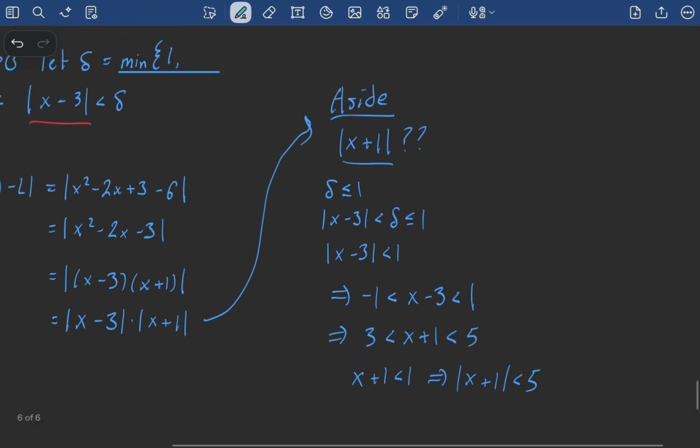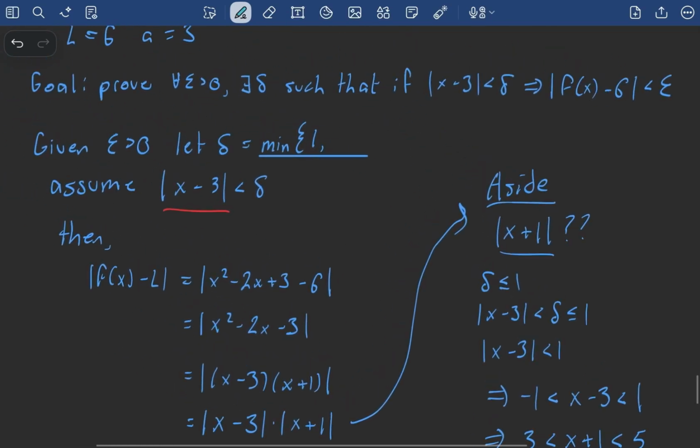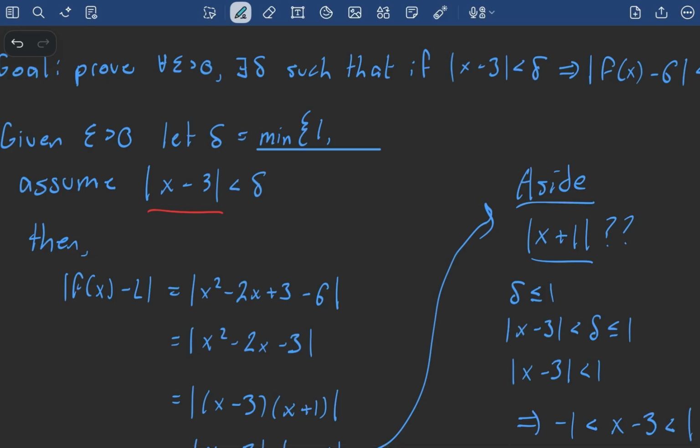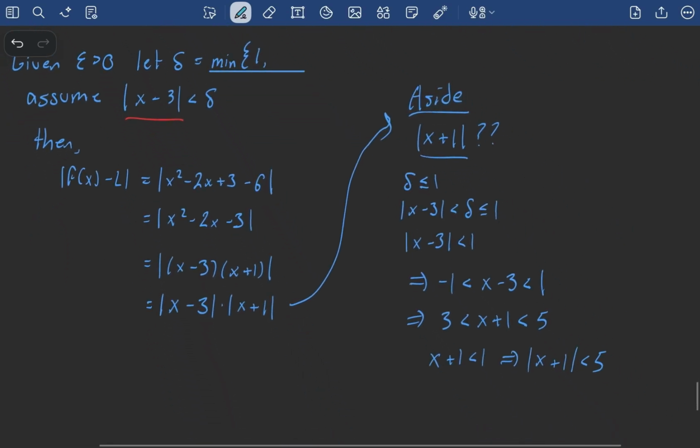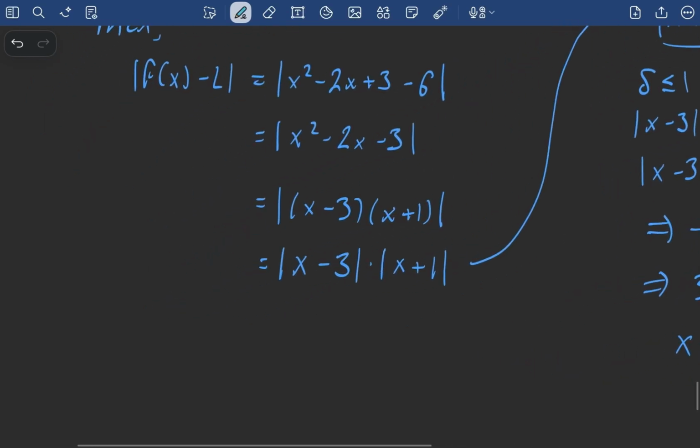You can see that by picking delta to be the minimum of 1 and some other number, we were able to find a bound for something entirely unrelated to our assumption via x. And now that we know that having delta be the minimum of 1 and some other thing implies that the absolute value of x plus 1 is less than 5, we can plug that into our inequality and continue our chain.